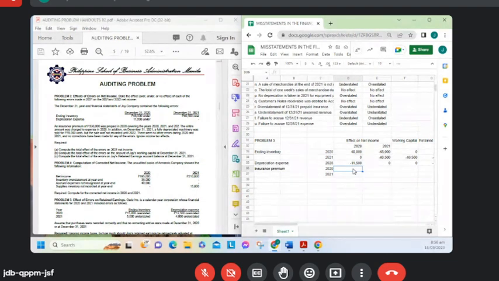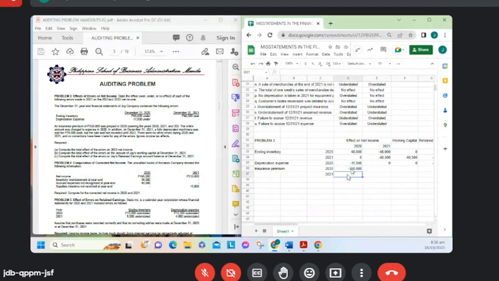But there should be an entry that will amortize the prepaid insurance during 2020. So kulang, hindi siya nakapag-record ng amortization amounting to 110,000. So if that's the case, then understated ang expense, it means overstated ang net income by 110,000 pesos. Okay?